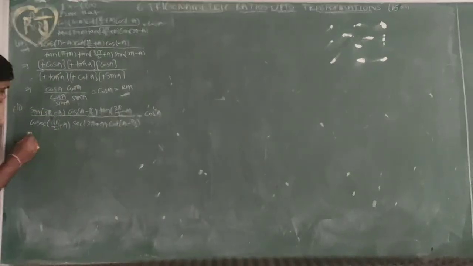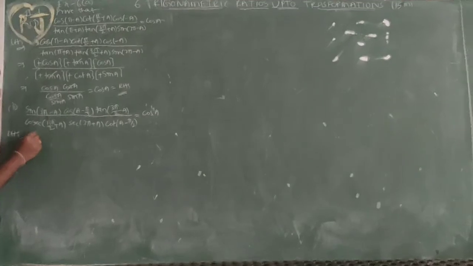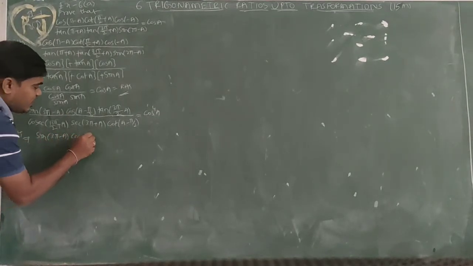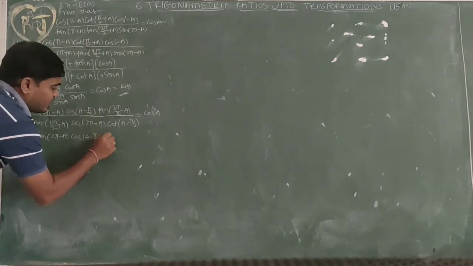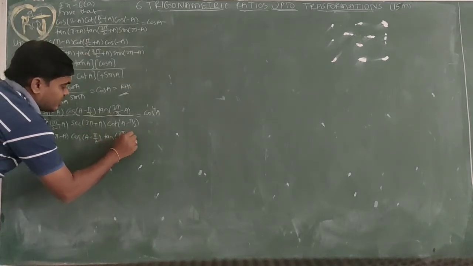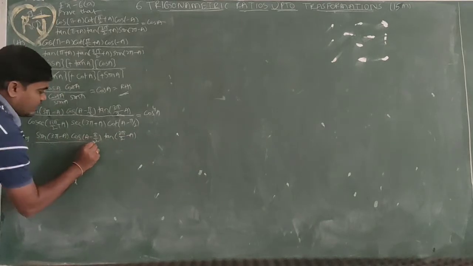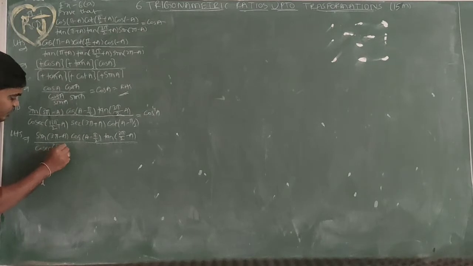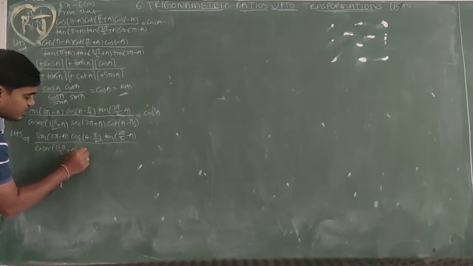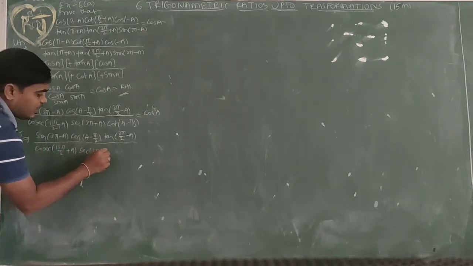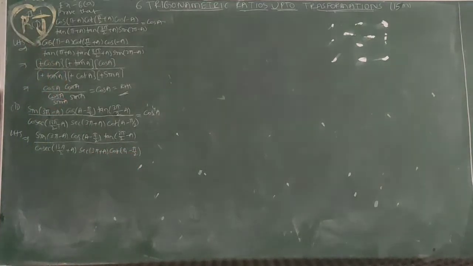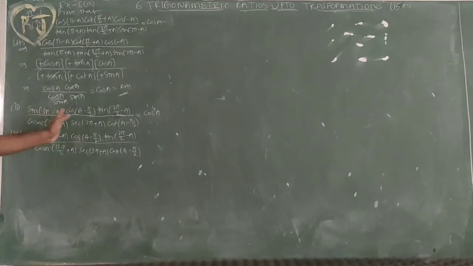So that's why I want to write LHS: sin (3 pi minus a), cos (a minus pi by 2), tan (3 pi by 2 minus a) by cosec (13 pi by 2 plus a), sec (3 pi plus a), cot (a minus pi by 2). So simple thing, what I am doing is writing LHS completely.